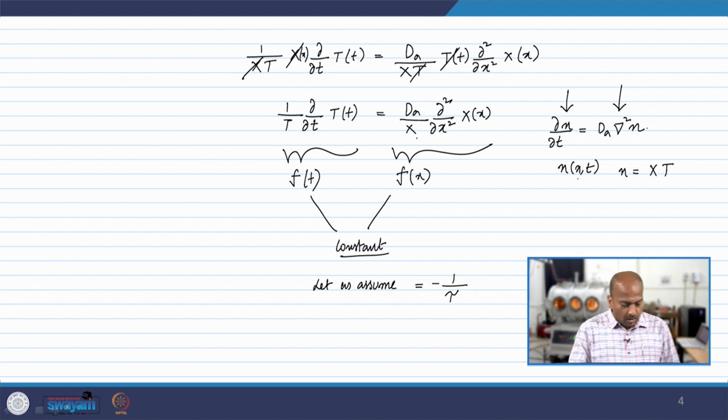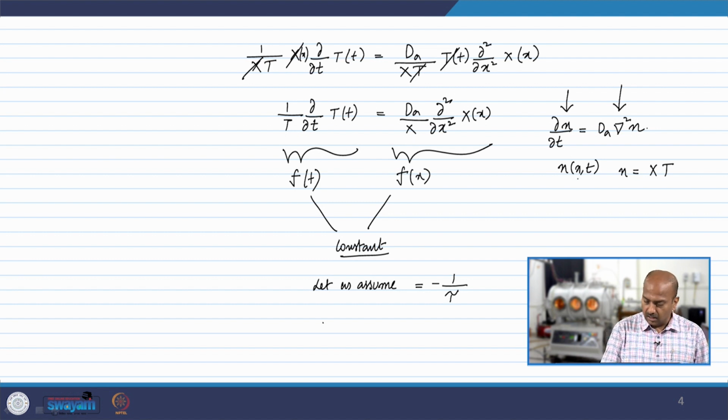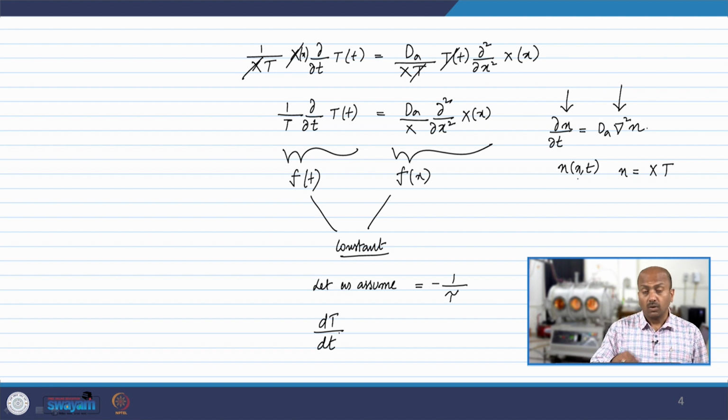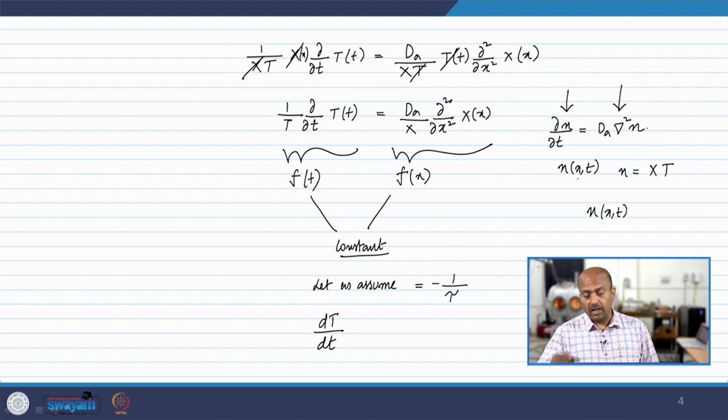Since you assumed this constant to be minus 1 by tau, we can say that dT by dt, now there is no need for any partial derivative, because capital T is only a function of time. Earlier n used to be a function of x as well as t, so you have to take independent derivatives while keeping the others constant.